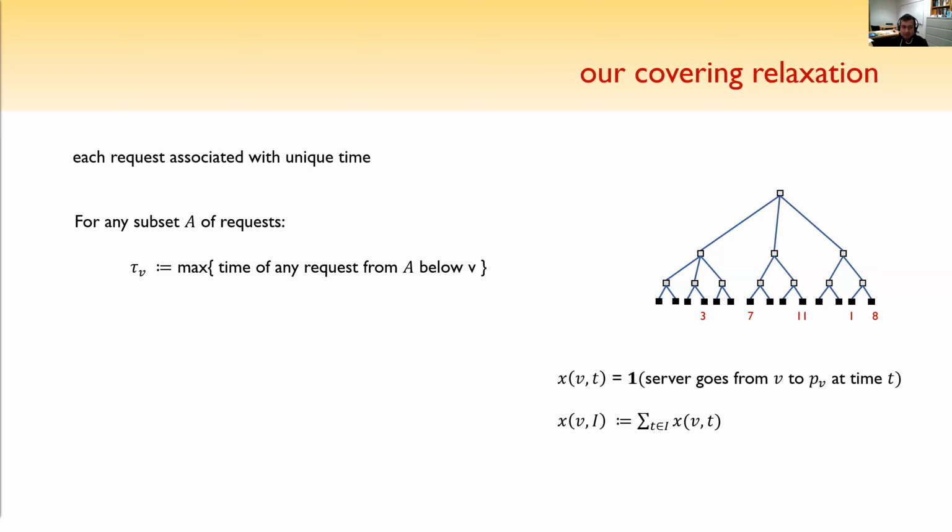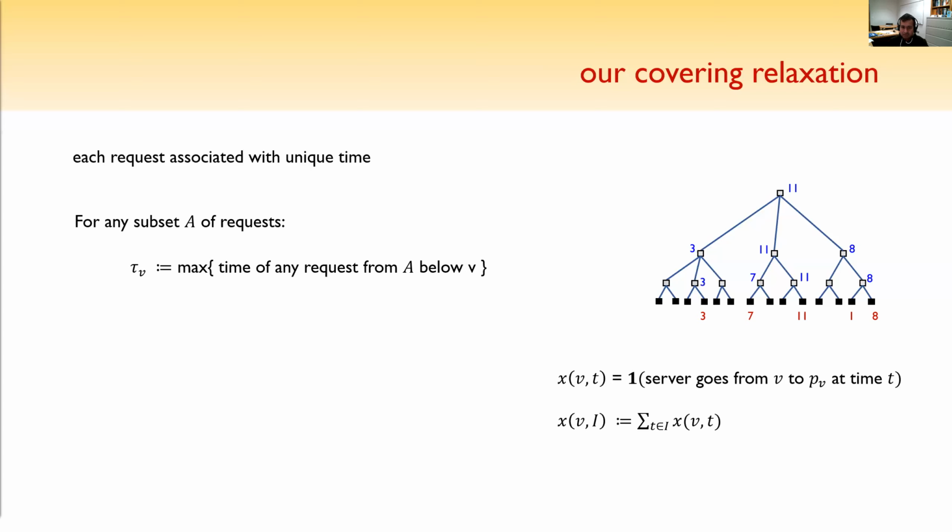Now let us denote by tau_v the maximum time of any request from A below v. So for every vertex, we look at the subtree under v, and we look at the request that's the latest from this set A in that subtree. Whatever that time is, that's what tau_v will denote.